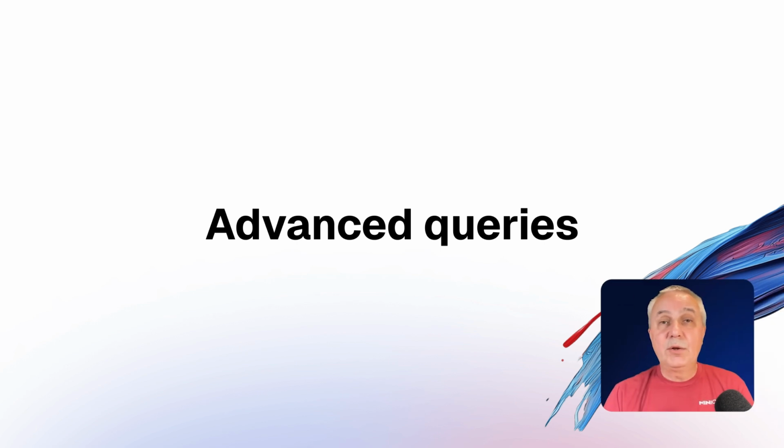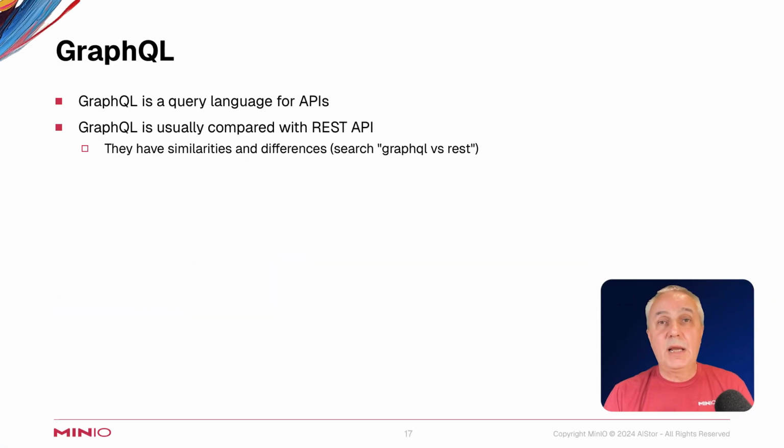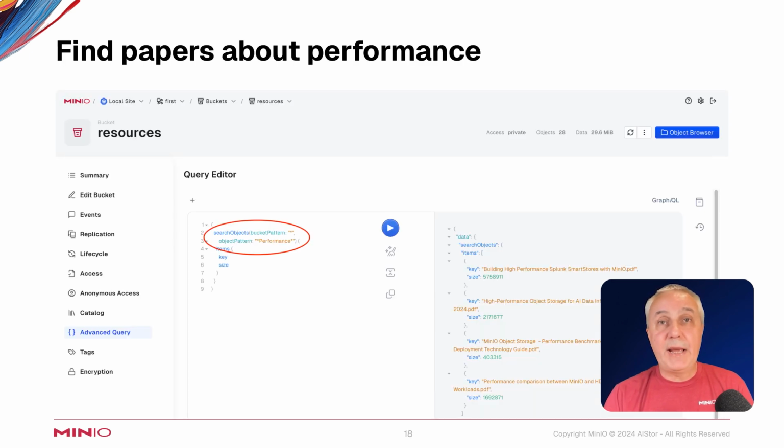More than that, we can use advanced queries, and for that we use GraphQL. GraphQL is a query language for API, and you can maybe compare it to REST API. If you want to see similarities and differences, you can search for REST API versus GraphQL, and you find a lot of information about it. In our case, we use a simple query editor for that.